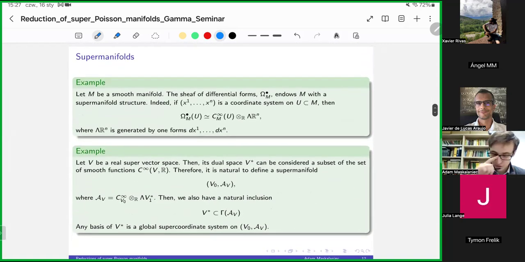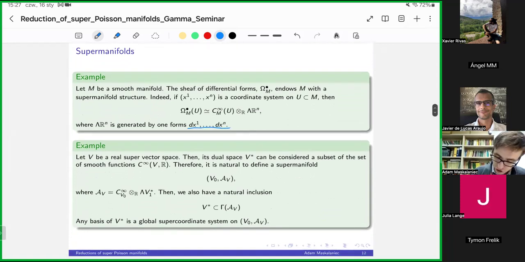So let me move to the examples. If we consider any smooth manifold M, then the sheaf of differential forms endows M with a supermanifold structure. Indeed, if we have a coordinate system on an open subset of M, then the algebra of differential forms is generated by differentials of those local coordinates.